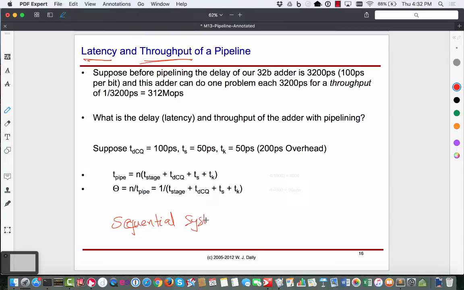By the way, here I'm using the term sequential in the sense of non-pipelined, non-parallel, not a sequential digital system. So in a purely sequential system, that is not pipelined, throughput equals 1 over latency.